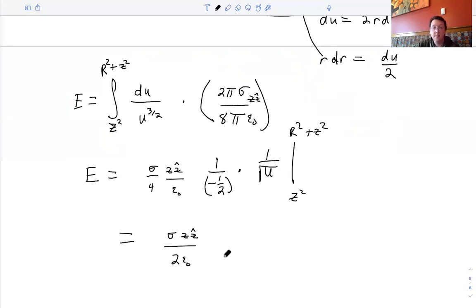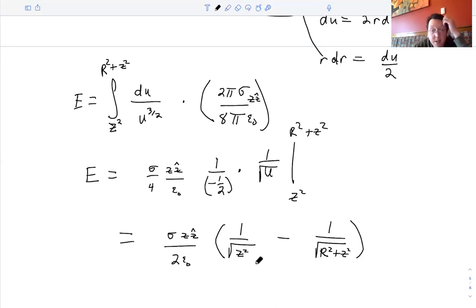And then I get 1 over, and because I'm going to get rid of the minus sign, I'm going to put the lower limit first. I'm going to write it as 1 over the square root of z squared minus 1 over the square root of r squared plus z squared.